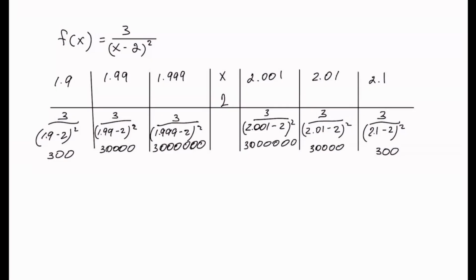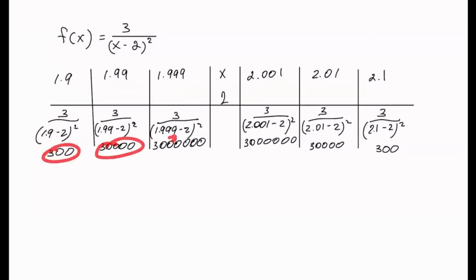Okay, so we see that when we approach 2 from the left side, the values are increasing in magnitude. And if we approach 2 from the right side, the values are increasing in magnitude as well, from 300 to 30,000 to 3 million.